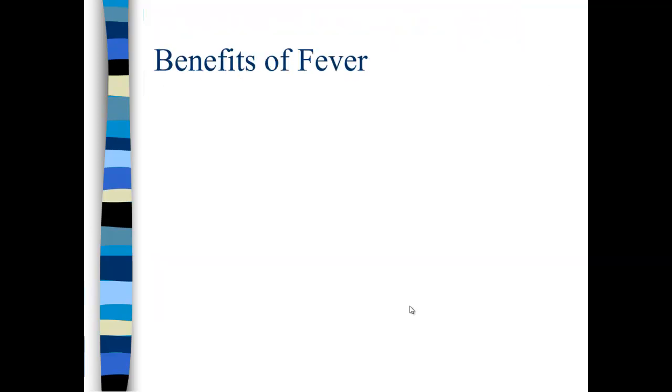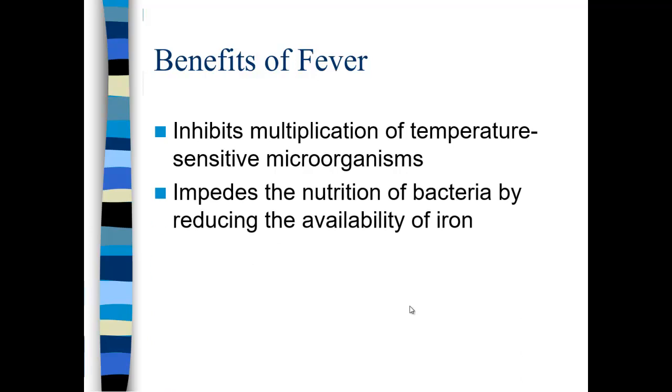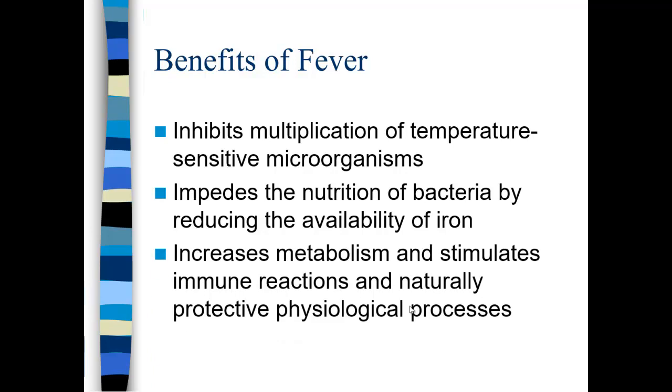But you have to look at fever carefully, because when you have bacteria, especially ones that are temperature sensitive, that can't replicate at higher temperatures, then fever actually inhibits their replication. So it starts to decrease the level of infection. Fever also reduces the availability of iron, so bacteria can't scavenge iron from red blood cells.